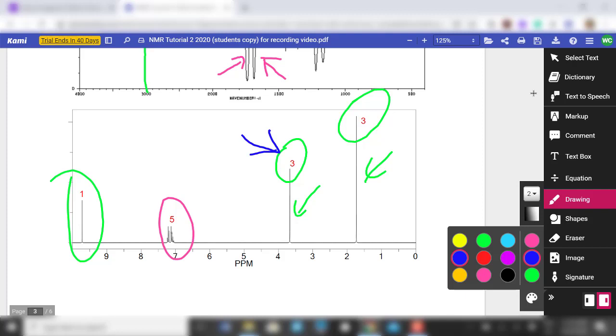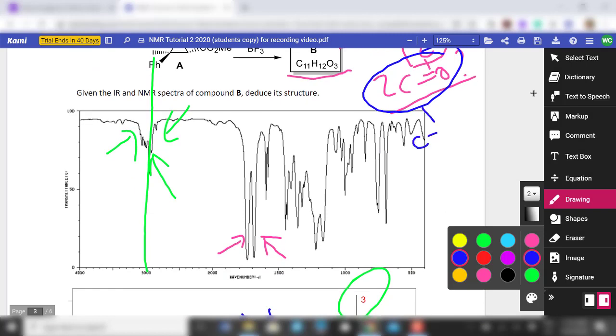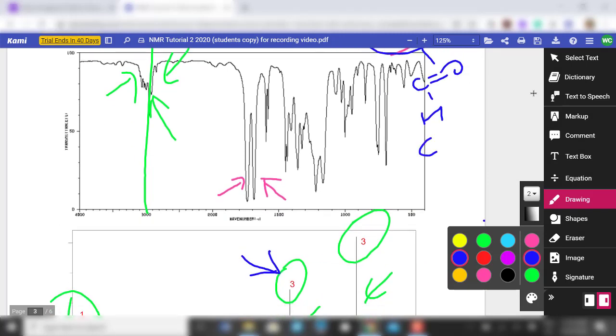So if you have a CH3 bonded to an oxygen, and at the same time you have an aldehyde, and at the same time you have an ester, or rather a carbonyl group. So if you put the 2 things together, probably you expect the carbonyl groups to be one due to an aldehyde, and another one due to an ester.